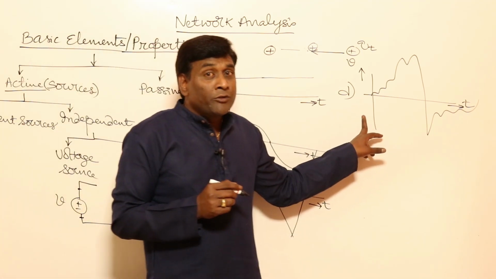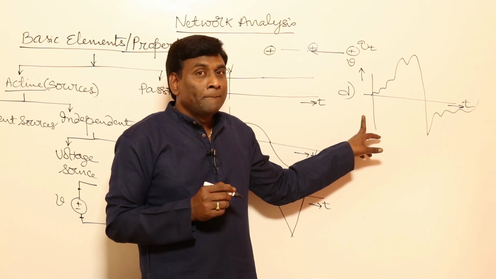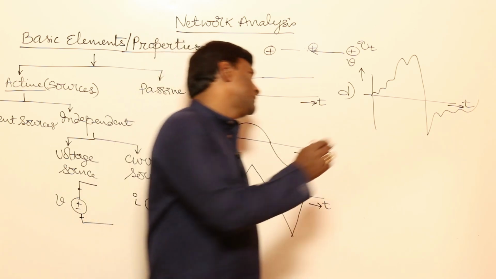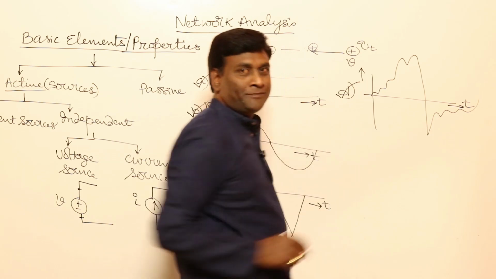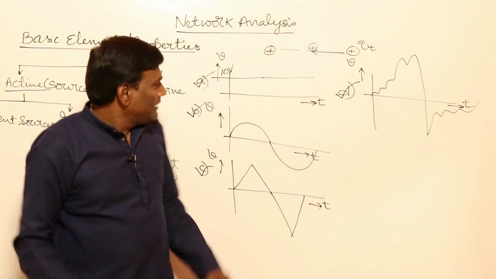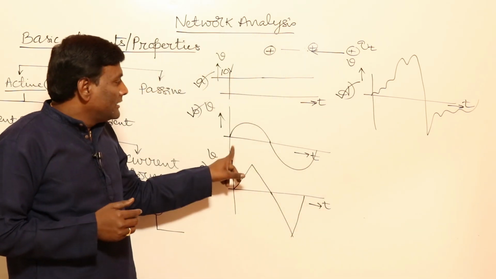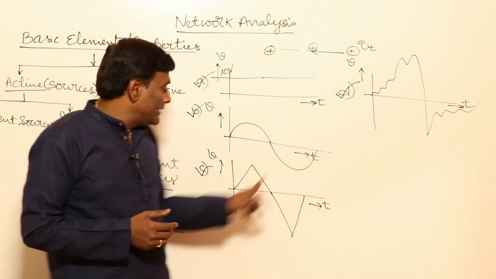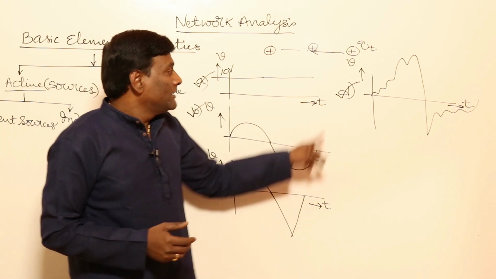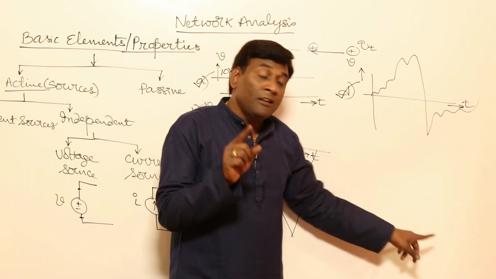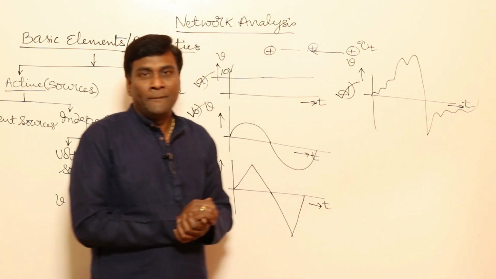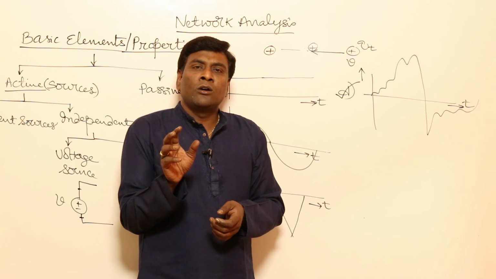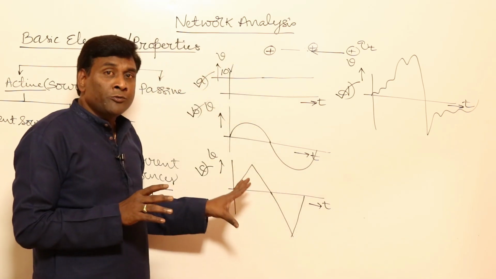Now, is this a source waveform or not? You think no, but it also can be a source waveform. Basically, this is normal DC, this has repetitiveness, this does not have repetitiveness, but still this also can be a source waveform.